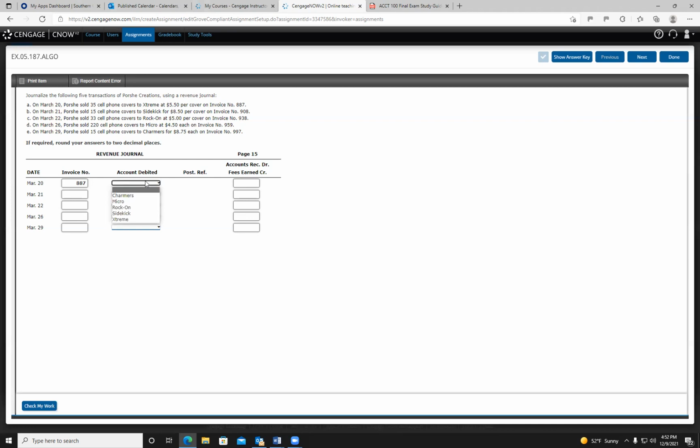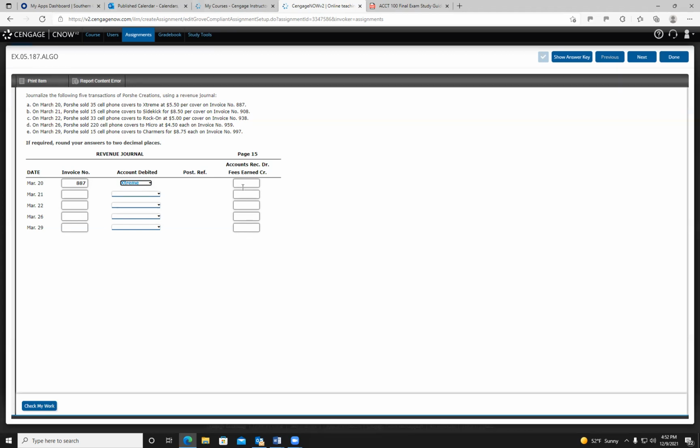You go up to letter A, and you see that the customer we sold the cell phone covers to was Extreme. So that's the accounts receivable subledger account we're going to debit, which is Extreme. Remember, each customer has its own accounts receivable subledger, to keep track of what money each customer owes us.